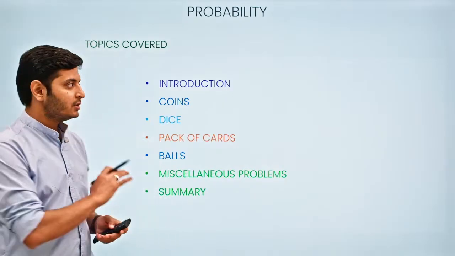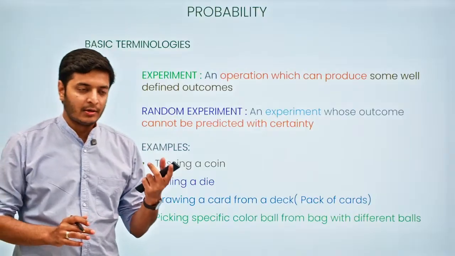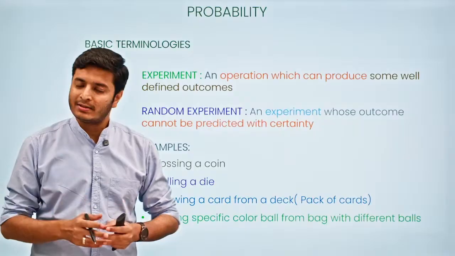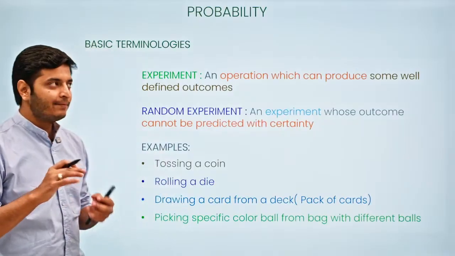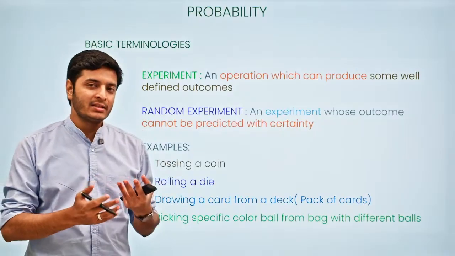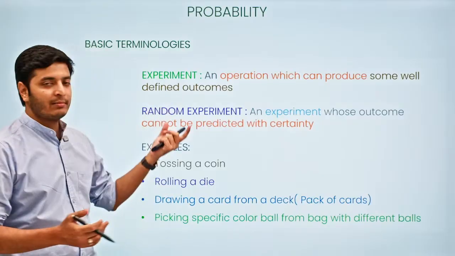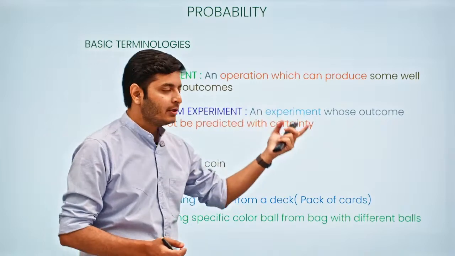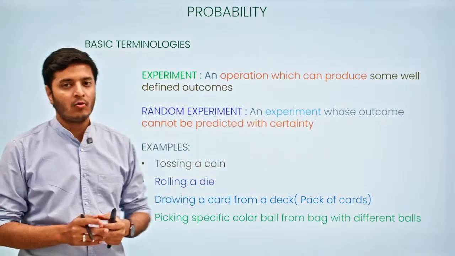Okay. First thing, the introduction part. Before understanding probability, we should know the different terminologies related to probability. The first terminology that we are going to use in this session is experiment. What is an experiment? An experiment is an operation which can produce some well-defined outcomes.